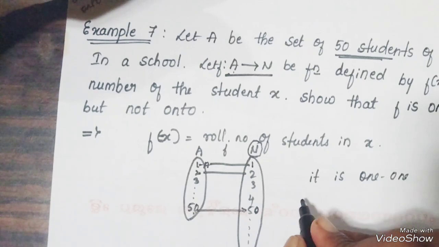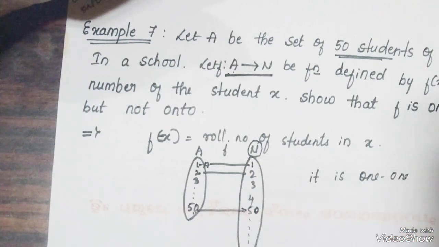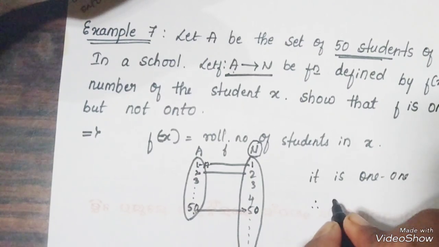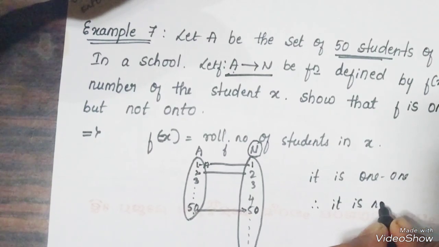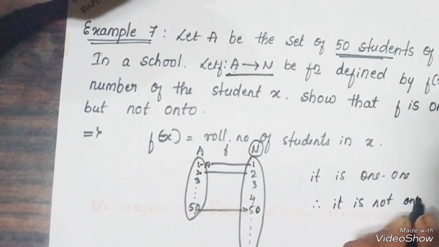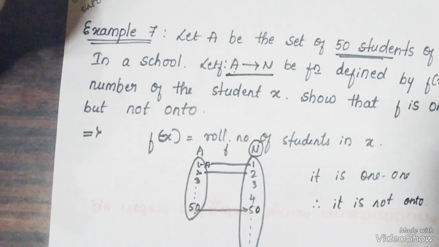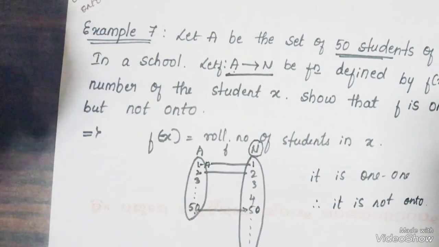After 50 there is no roll number for any student, therefore it is not onto. Is it clear? I think it is clear.